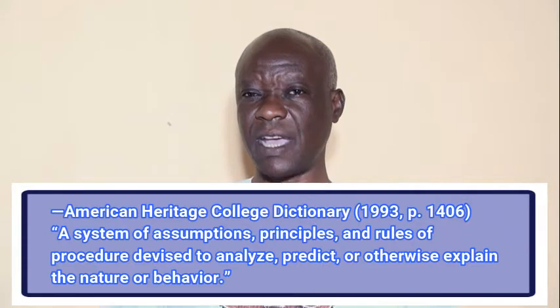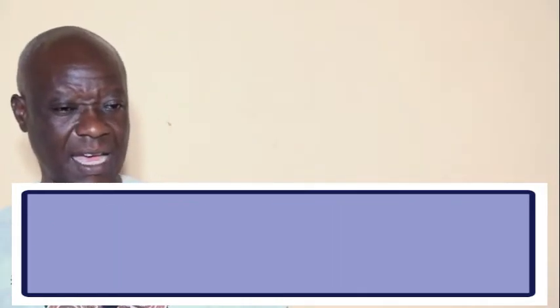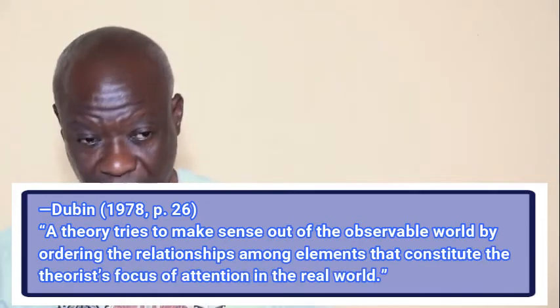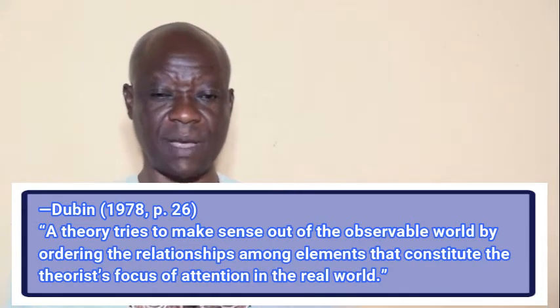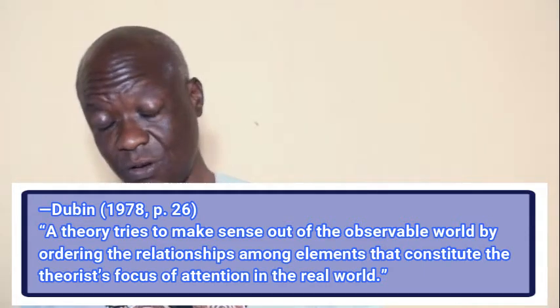And of course, again from Dubin, 1978, a theory tries to make sense of the observable world by ordering the relationships among elements that constitute the theorist's focus of attention in the real world.